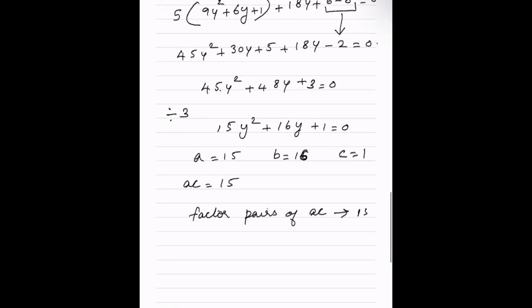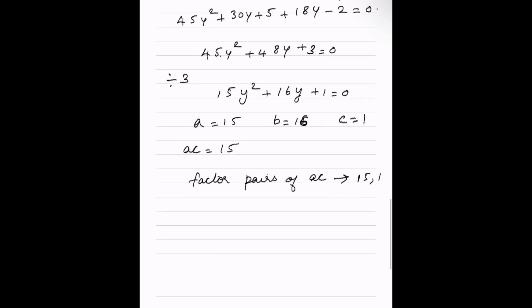It is 15 and 1. 15 and 1 will work because 15 plus 1 gives me B, right? 15 plus 1 is 16. 15 into 1 gives me 15, which is AC, and this is B. The condition is satisfied.